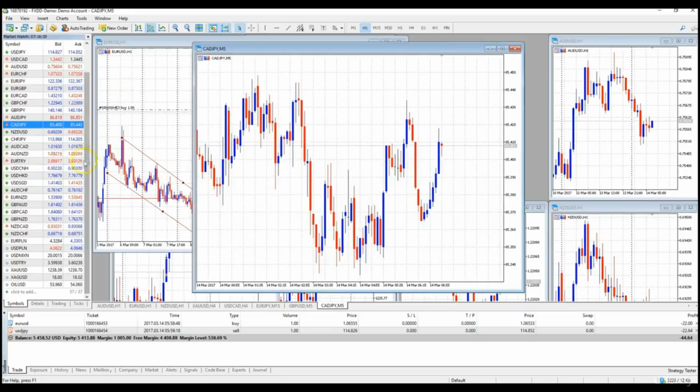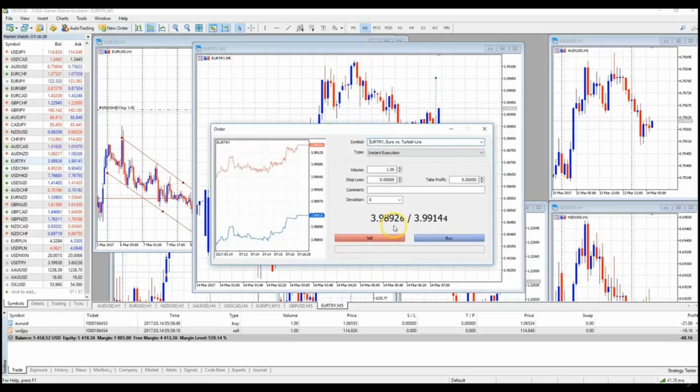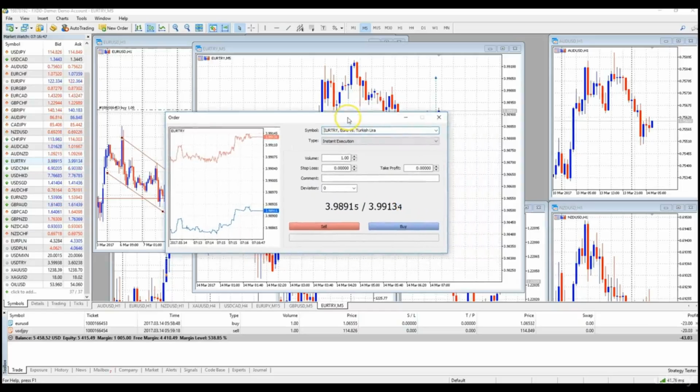And an exotic, like the euro lira, the pip spread is about 16 pips. Okay, so this is something that you guys have to pay attention to, because there's a larger buy-in commission required to trade an exotic versus a major and a minor.